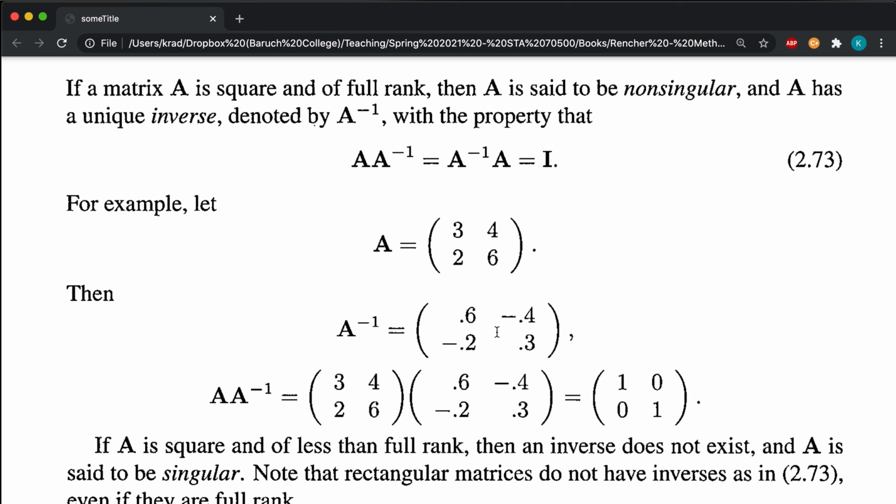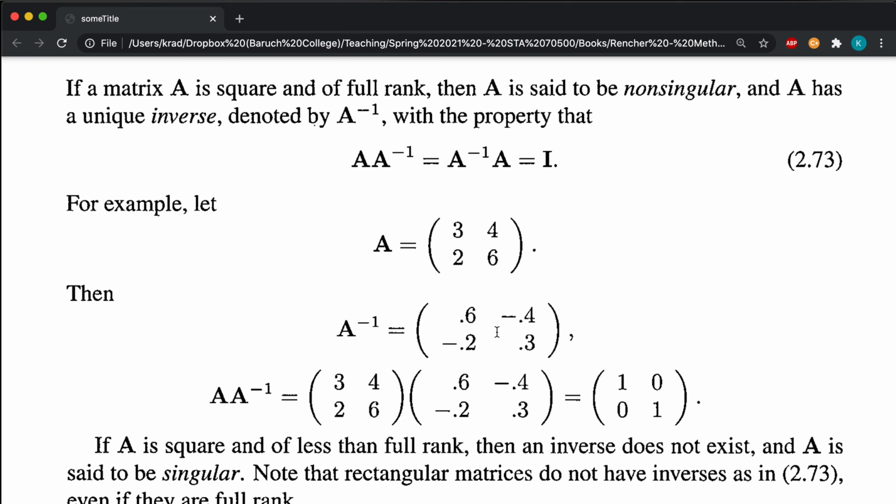You probably have seen the formula. I will give it to you later. But in general, calculating the inverse of a matrix is a computationally challenging task when the matrix is big.